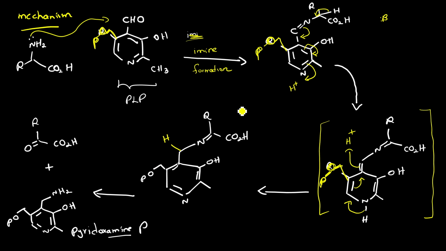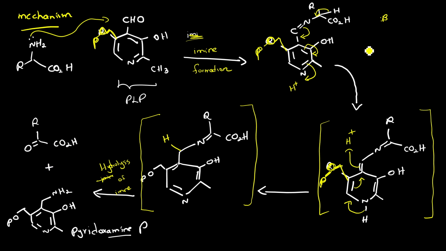Now here we have our structure like this, and then in our final step, what happens is hydrolysis of imine. We have talked about this in our organic mechanisms, so I think you know the mechanism for hydrolysis of imine, which gives you two molecules: one is an amine, another one is a carbonyl compound.